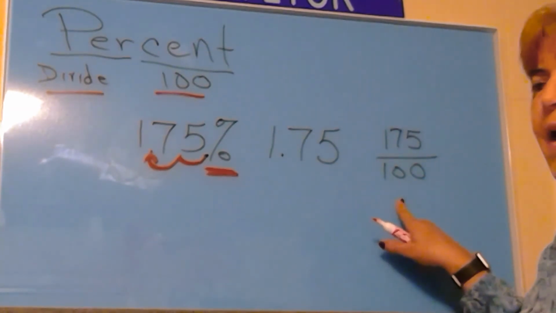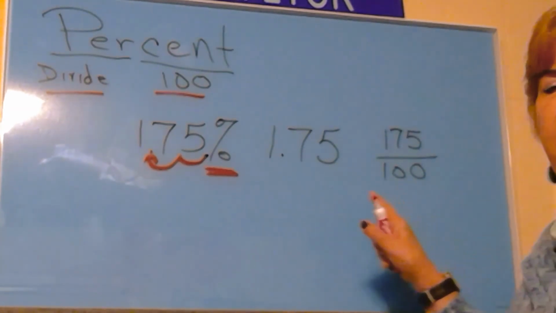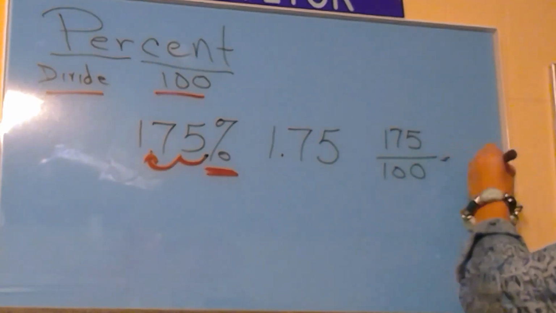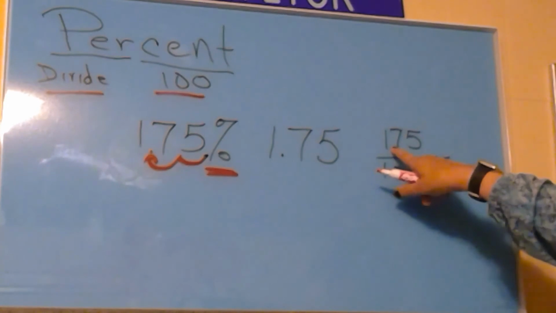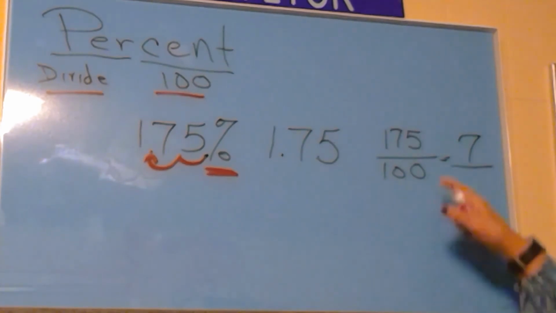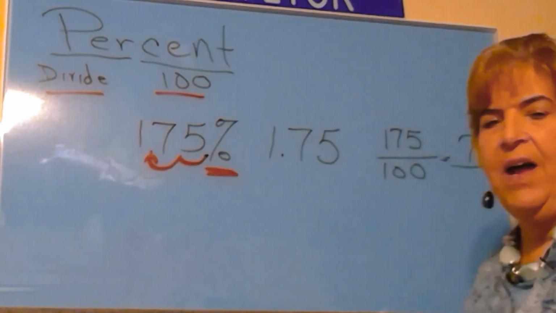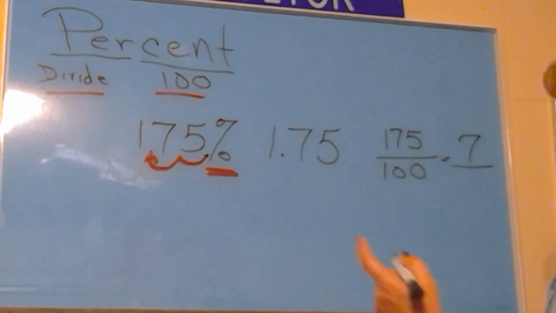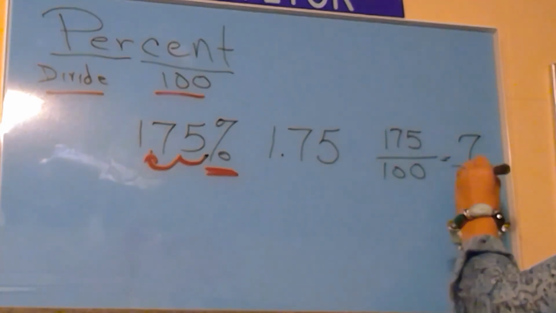If you're not good at dividing by 25, think of it as money. If you had $1.75, that should be 7 quarters. That's what 175 divided by 25 is. If I divide 100 by 25, that's 4 quarters or 4.